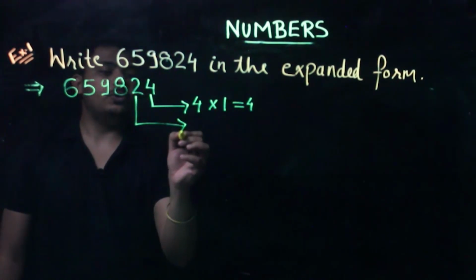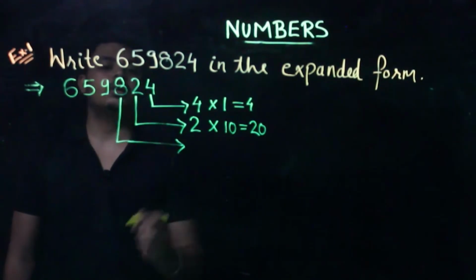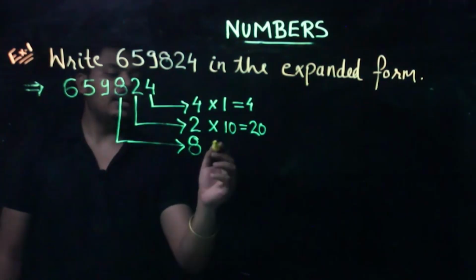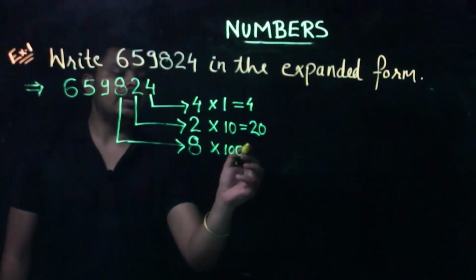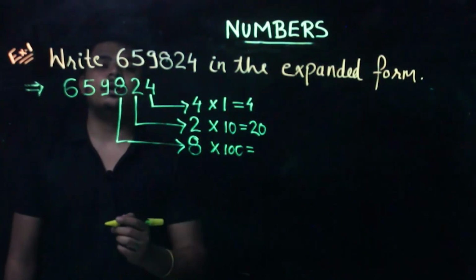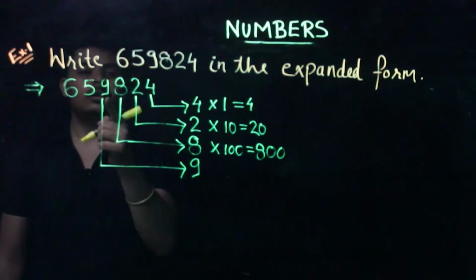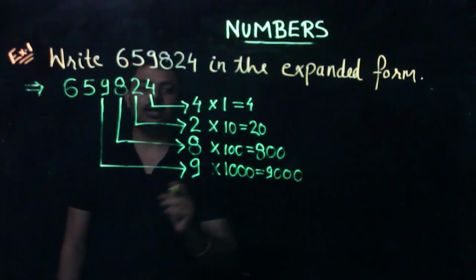Similarly, for 2, face value into place value, 20. Writing the face value of 8, which is 8, and multiplying it with the value of that place, that is 100, as 8 comes in the hundreds column, we get 800. Similarly, 9 into thousands, we get 9000.